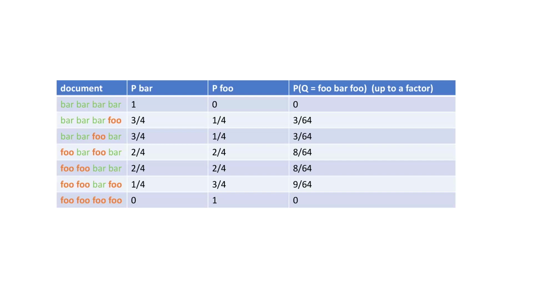This is why the document foo bar foo is the one that comes first, because it generates the query with the highest probability. Of course, it's not a huge probability, it's a low number, but we are comparing across documents and taking the highest number. Who understands? Okay, awesome. So this is the language model.